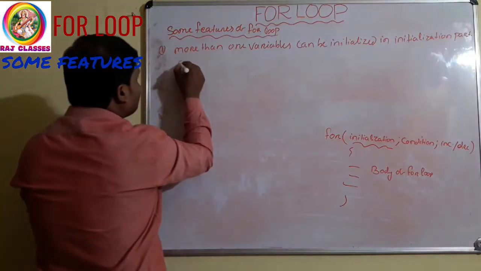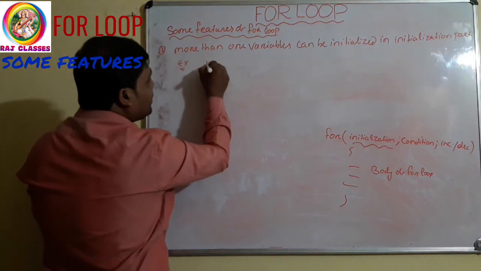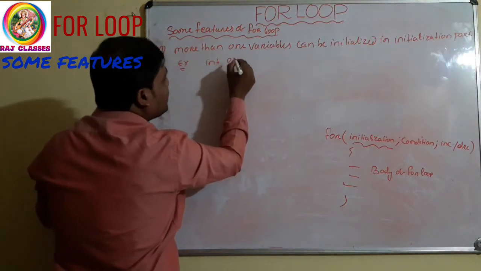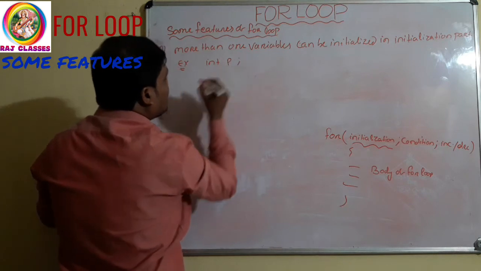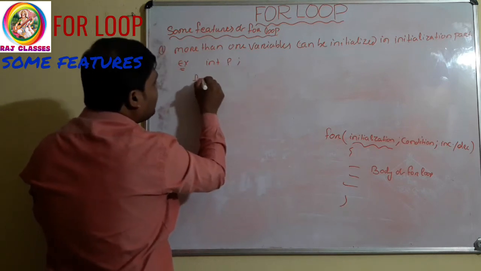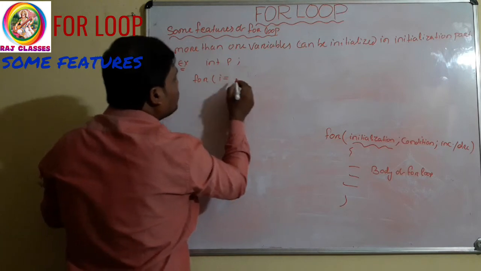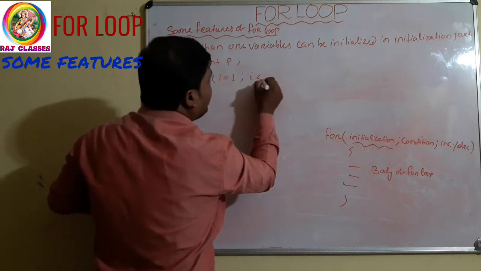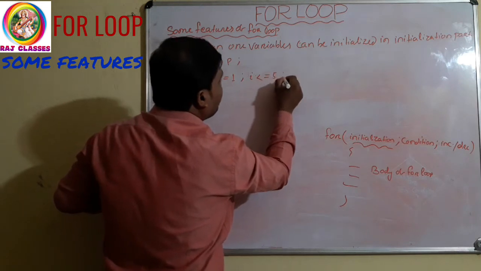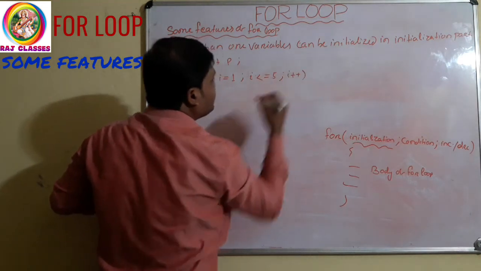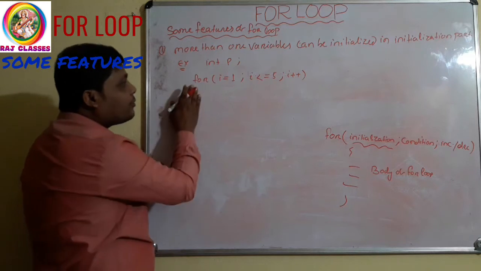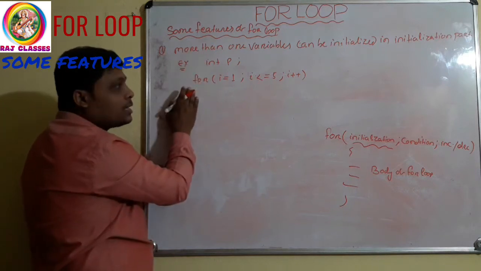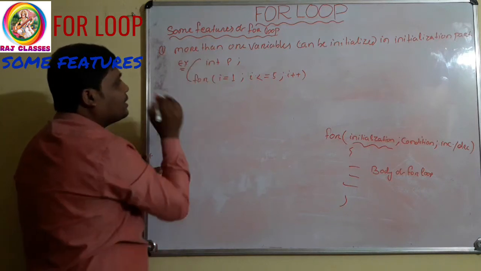For example, just see, suppose I am taking one variable integer p, and here I am writing for i equal to 1, i less than equal to 5, then i plus plus. Instead of writing these two lines, I can write a single line.